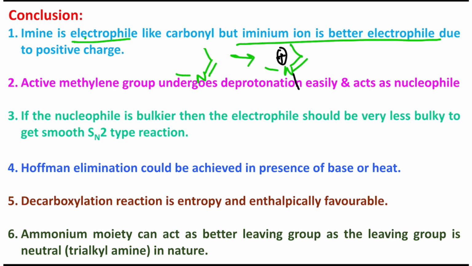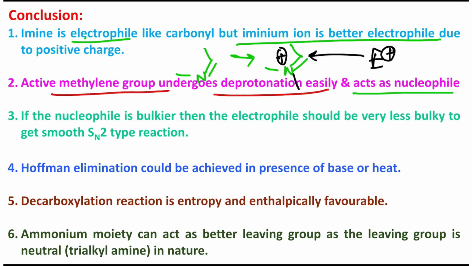Because of this positive charge, the electrophilicity at this carbon increases, so it becomes a better electrophile. So obviously reaction rate enhances, and active methylene compounds can undergo deprotonation easily because the produced conjugate base or carbanion is doubly stabilized. So it is stable, and second, carbanion is actually softer in nature, so it can act as nucleophile too.